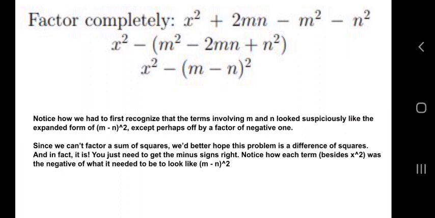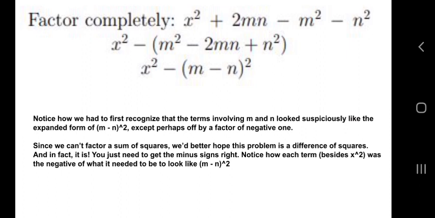That's the same thing as adding 2mn. And we're going to subtract an n squared. So make sure you check with yourself that if you distribute that negative sign in the second line to each of those three terms, you end up with the top line. Make sure we factored out the negative correctly.